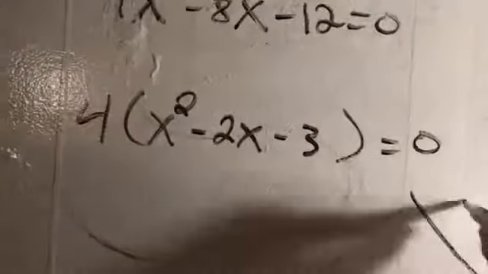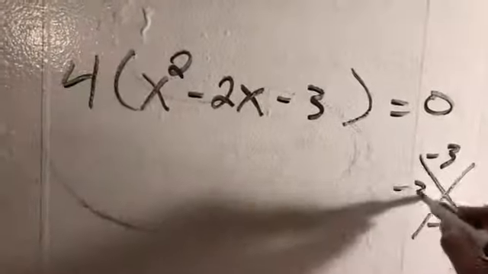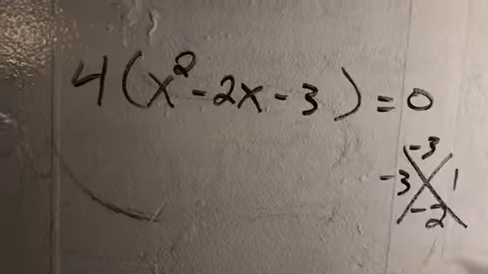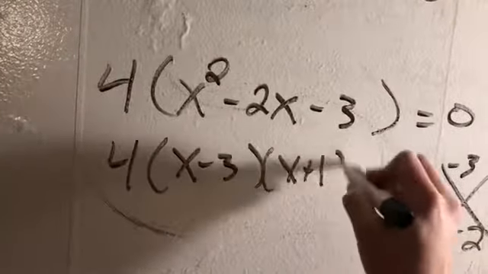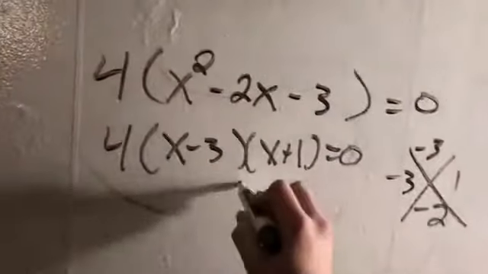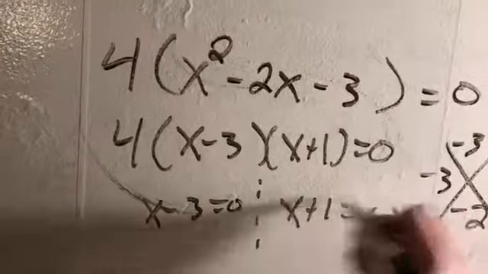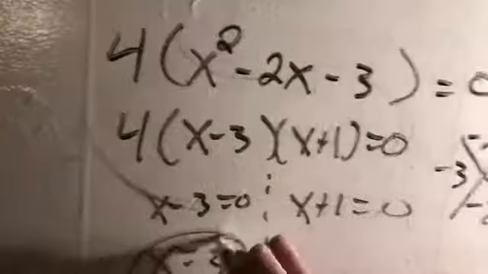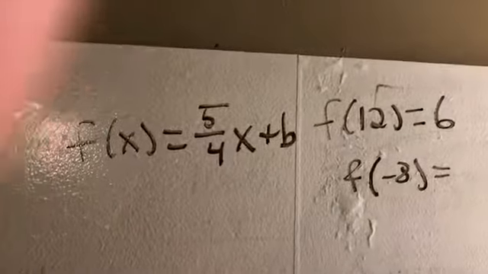And now we're ready to factor. What multiplies to -3 and combines to -2? -3 and 1. Set each factor equal to 0 and solve. X equals 3. X equals -1.